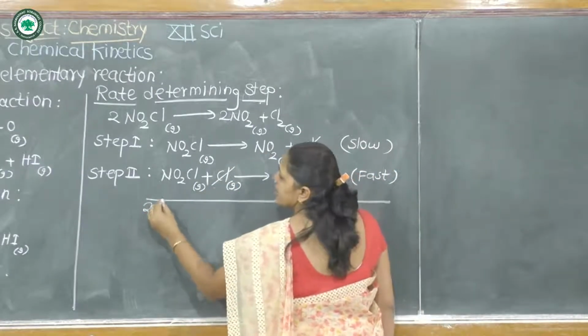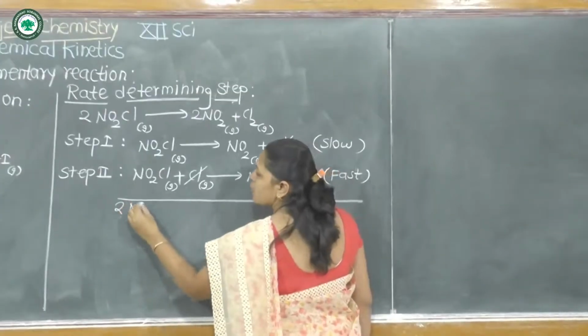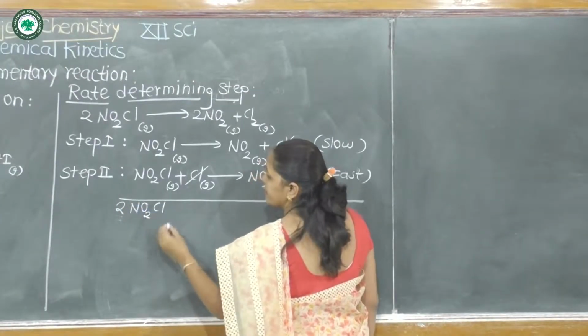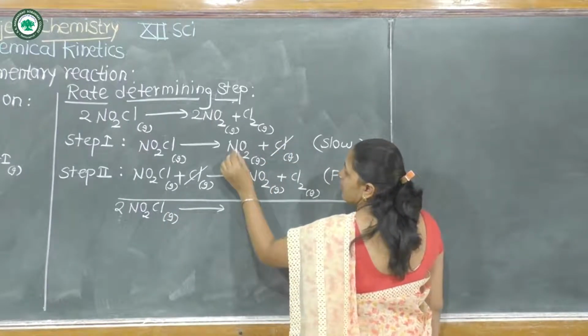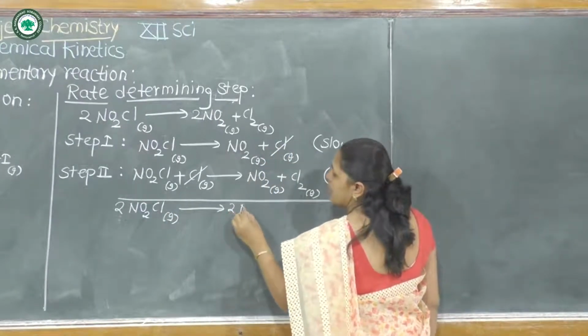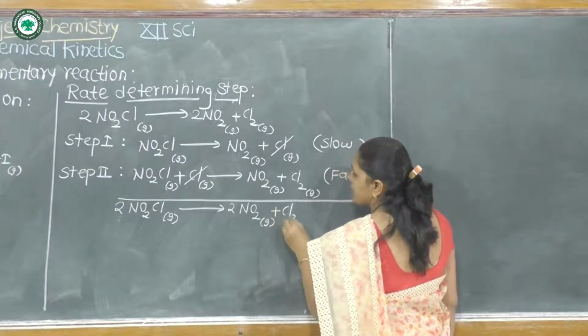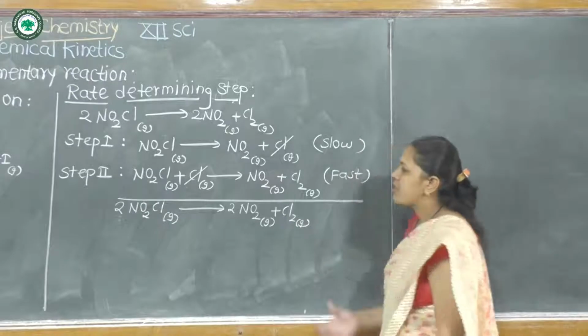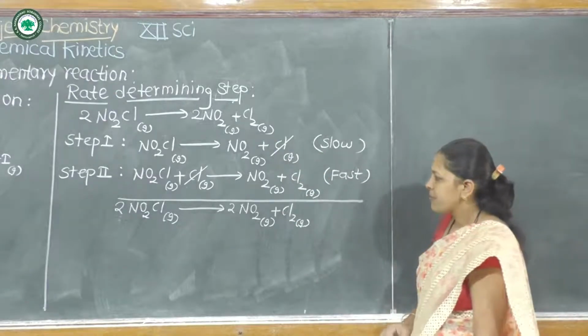Remaining is 1 nitryl chloride plus 1 nitryl chloride, 2 nitryl chloride, which gives NO2 plus NO2, twice NO2, and chlorine gas. This is our required equation which takes place in two steps.